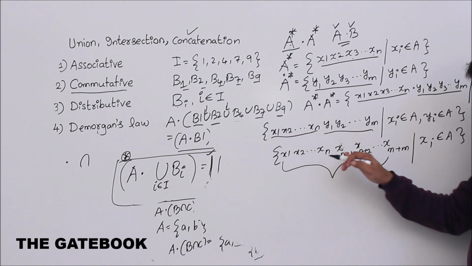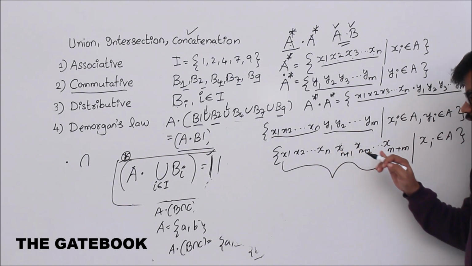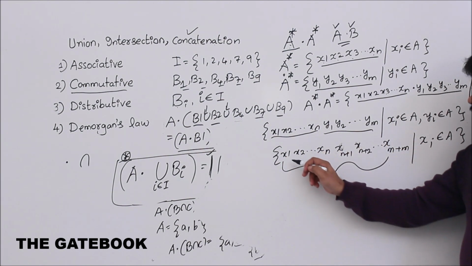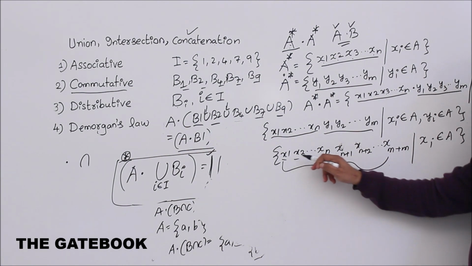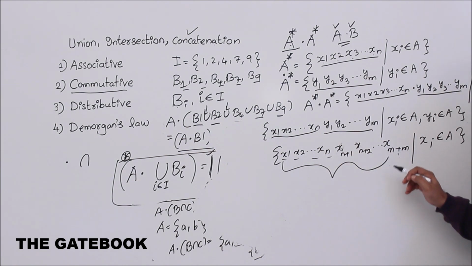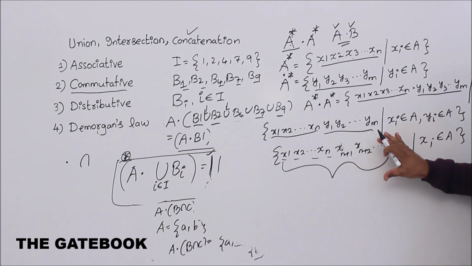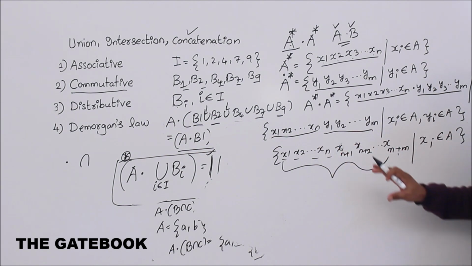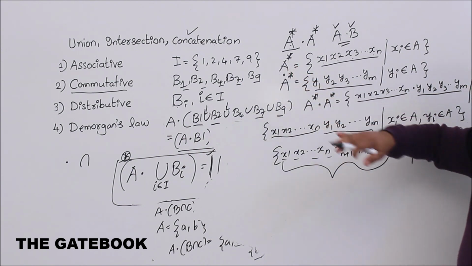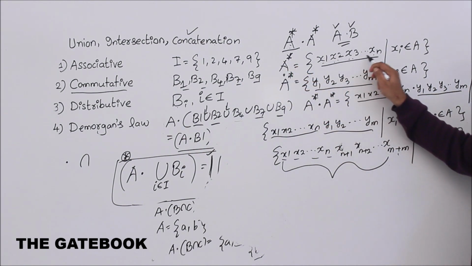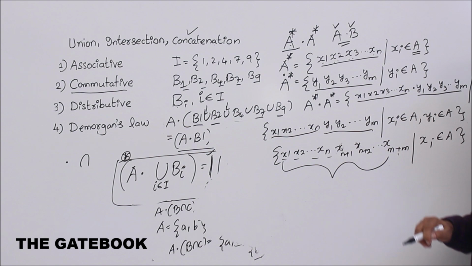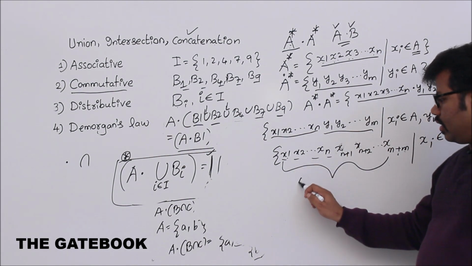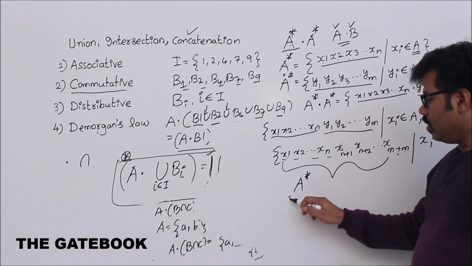Don't worry about how many strings we have. You take some strings x1 to xn plus m, each concatenated, and everything is coming from A. That is exactly the definition of A star. So this is exactly A star.